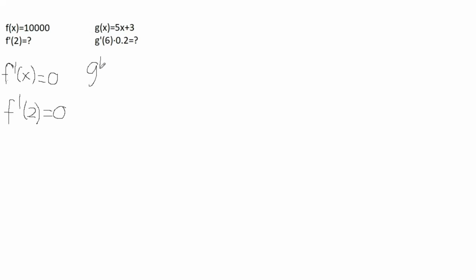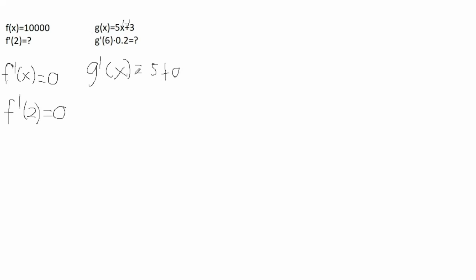So, we can use the power rule, where essentially we subtract 1 from the exponent. And we're essentially just left with 5, because anything to the 0 power is 1. And then we have a plus 0, because again, this is another constant, so we don't really have to worry about that.